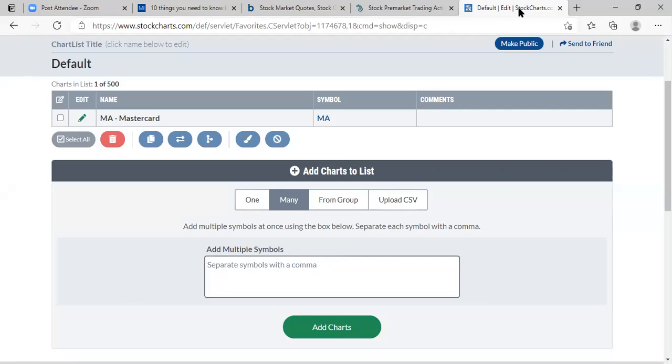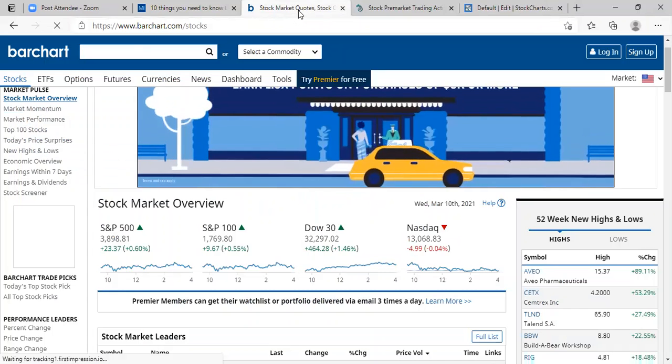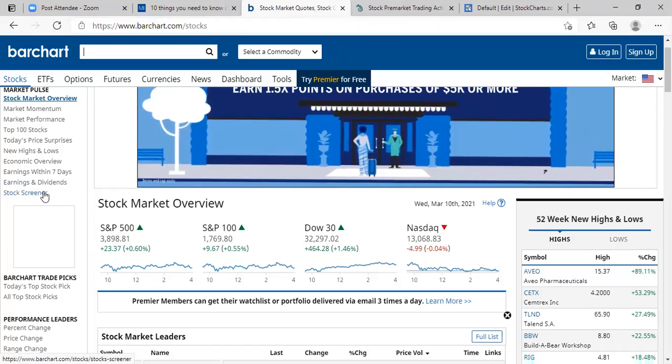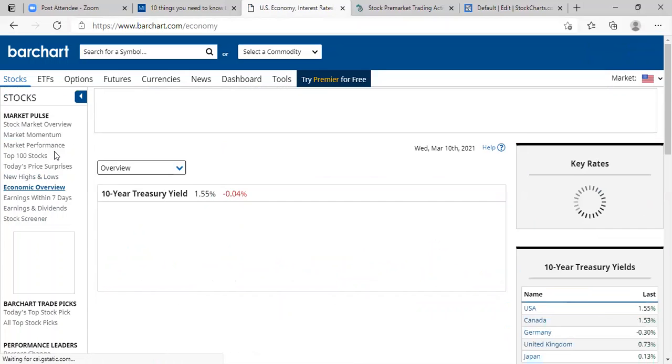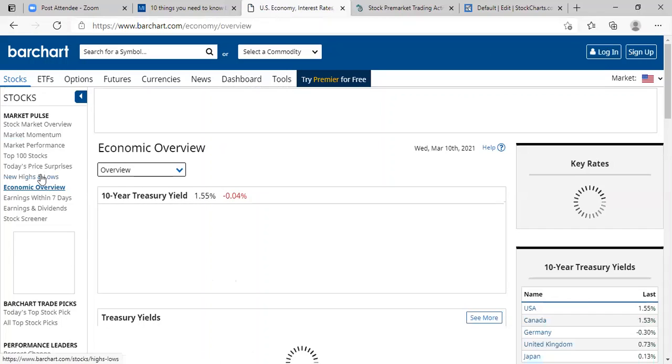Okay, so looking at the pre-market information is one way of doing it. The other way that I was just going to get into is this 52-week high list. Okay, I like looking at the 52-week highs because the 52-week high list represents stocks that have a lot of momentum behind them.